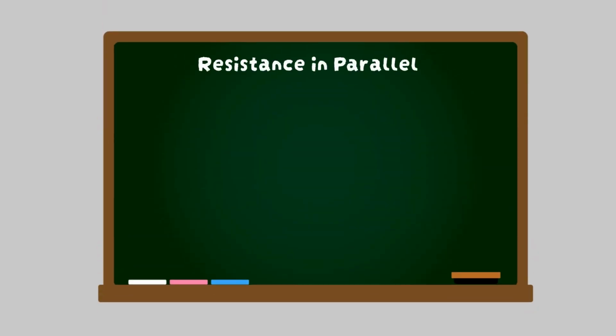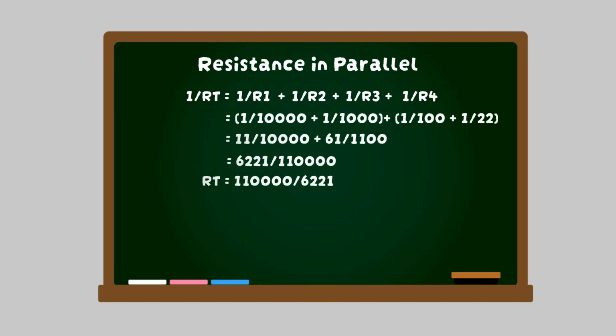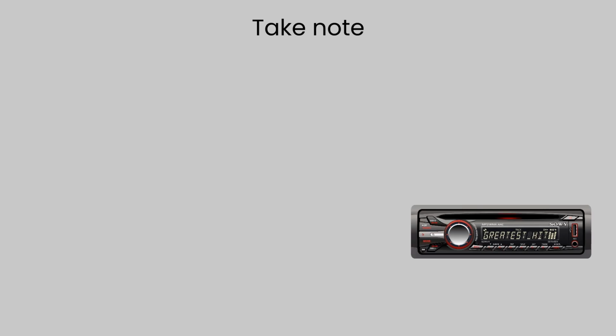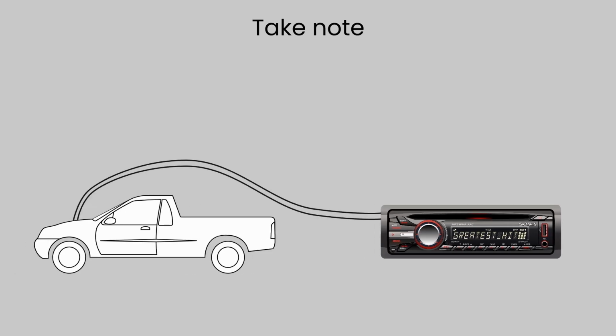In our case, the formula to calculate resistance in parallel is 1 over RT equals 1 over R1 plus 1 over R2 plus 1 over R3 plus 1 over R4. Our final result will be RT equals 17.68 ohms.